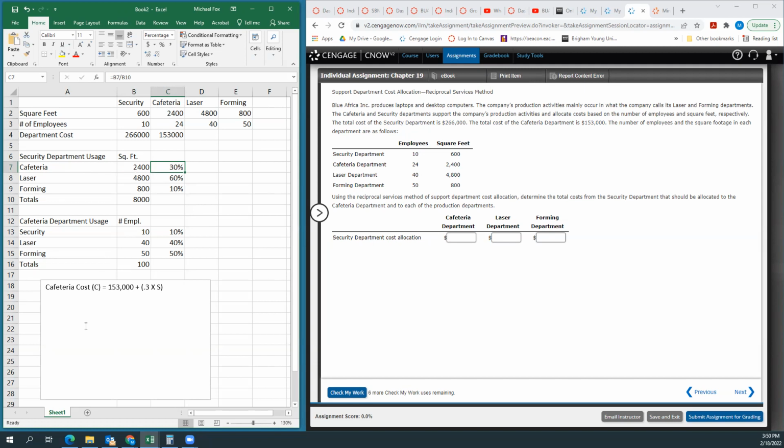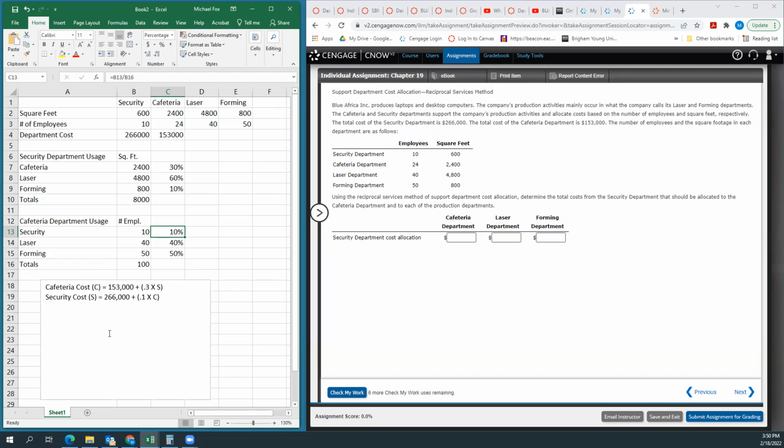We also know our security department costs, which I'm going to call S, equal 266,000 plus 10% of the cafeteria costs. The problem with these two formulas is that we can't plug them into Excel because they'll create a circular reference.